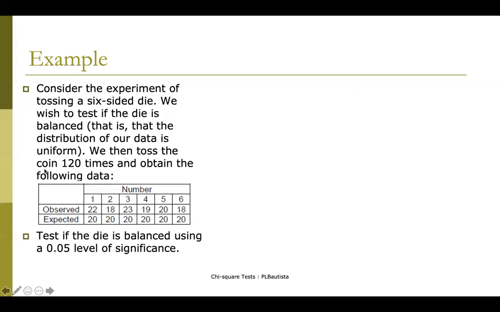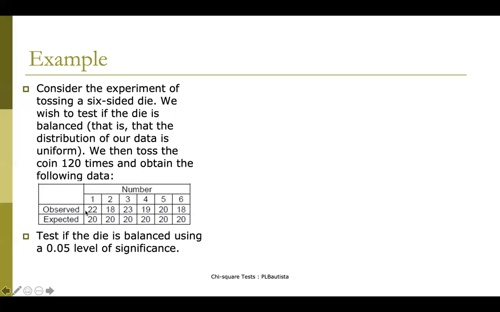So again, if you toss the die 120 times, then you would expect that each of the numbers from 1 to 6 would appear equally. So that means each of these numbers would appear 20 times, which is why in the expected row, all of the expected values for each of these numbers is 20.